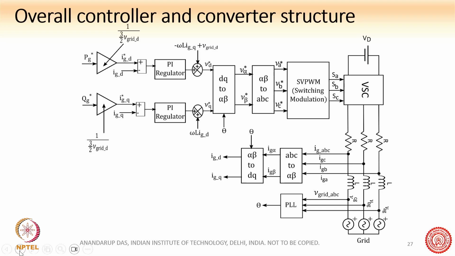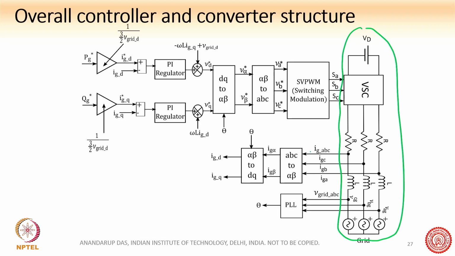Here is again the plant. If you remember, this was our plant. It is still the same. We have sensed these quantities IG and V grid, and then we have got IGD and IGQ. These are sensed values.